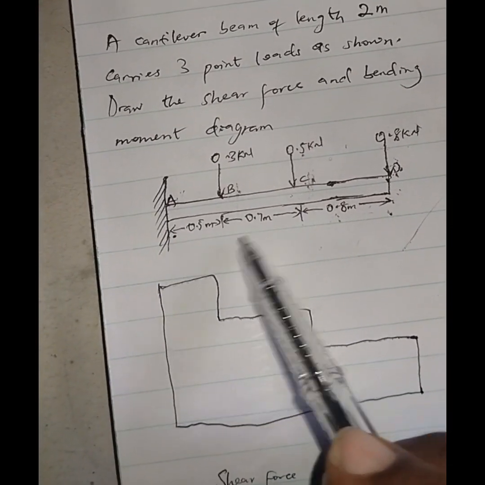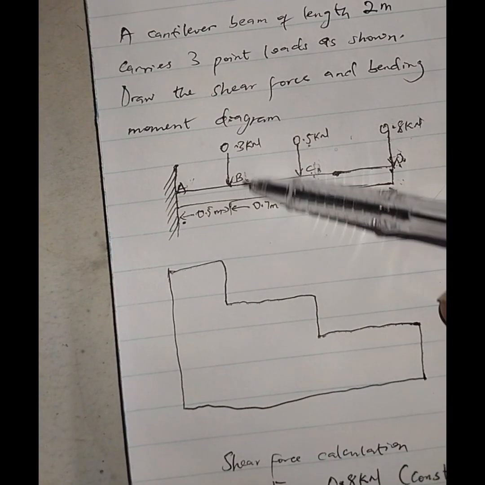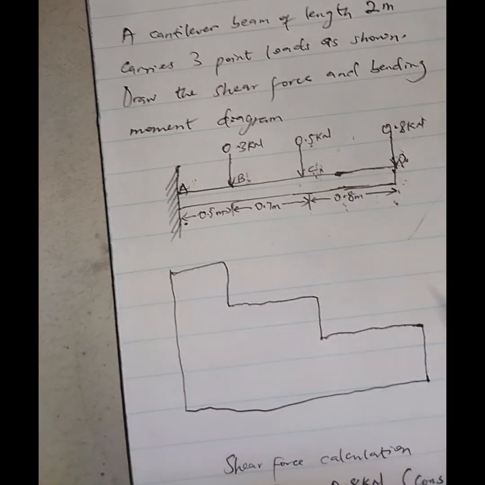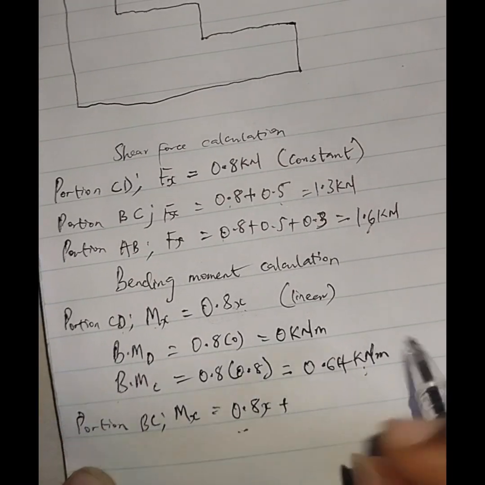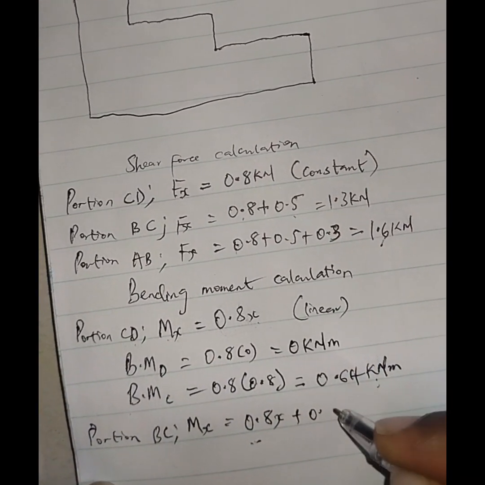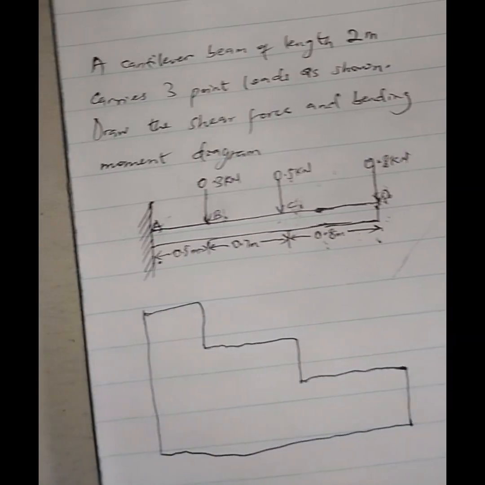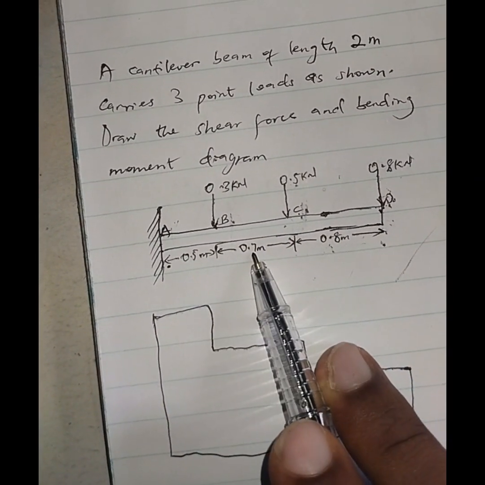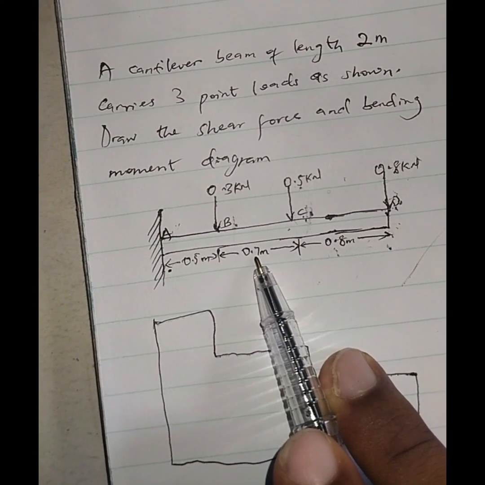So now you're cutting it at this point. So we have 0.5 also. So now plus 0.5. Now the distance of B to C we already know is 0.7.